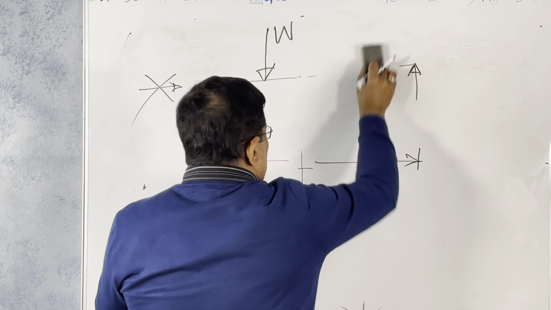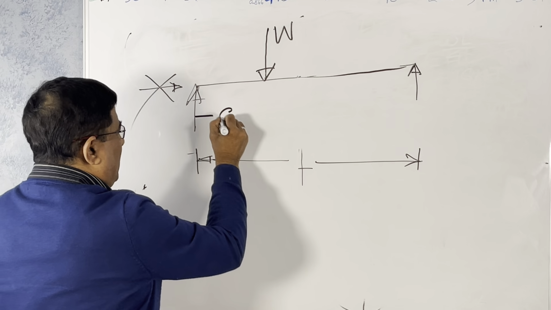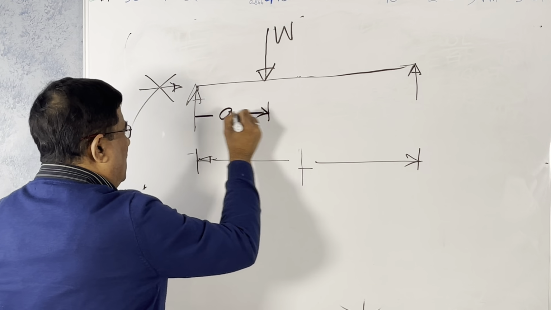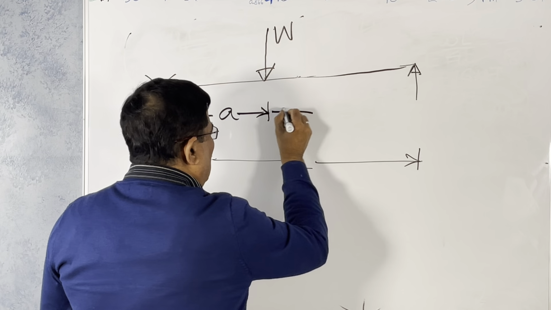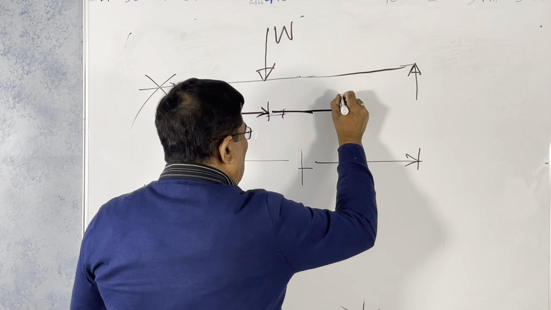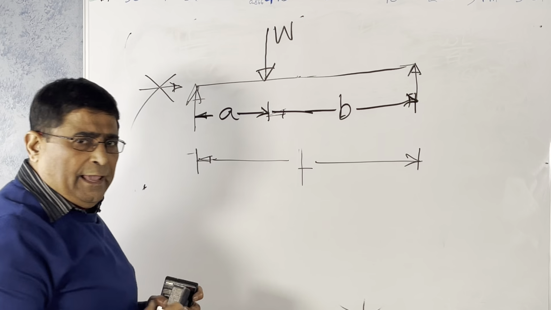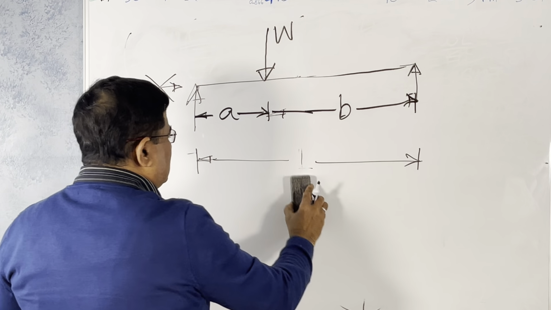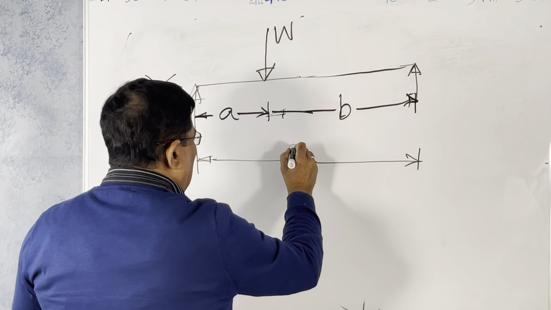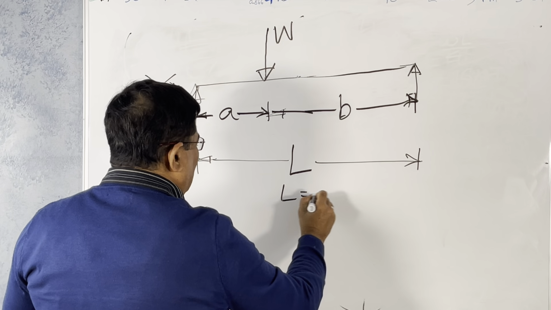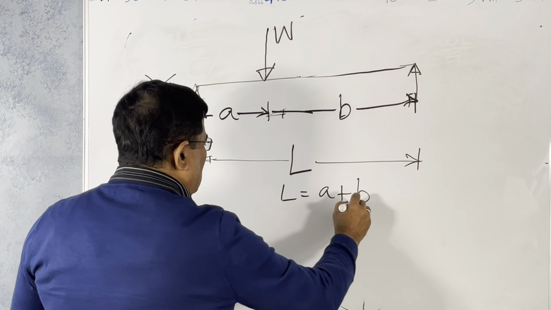If the vertical load is at a distance A from one support and B from the other, then A and B together make total length L. L is nothing but A plus B.